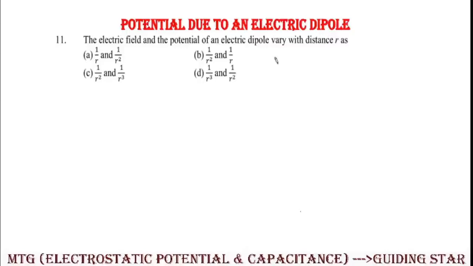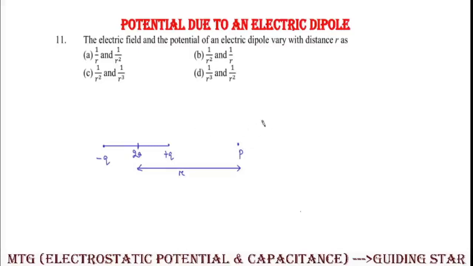We know that if we take a dipole system, meaning a negative charge and an equal amount of positive charge separated by some distance, and take the midpoint of the dipole, then at a distance r from the midpoint, at location P, suppose we want to calculate the electric field as well as potential.